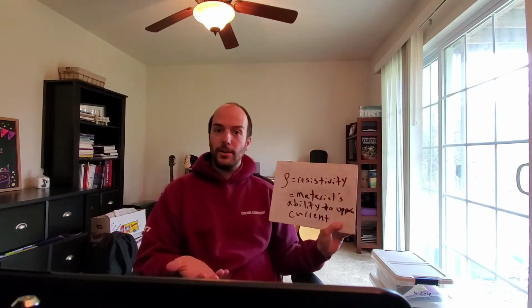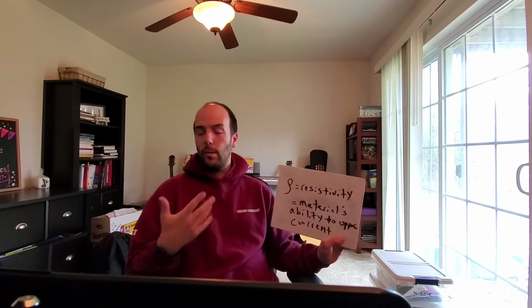So an insulator, like a rubber or a plastic or something like that, will have a very high resistivity, right? It's very difficult for current to flow through it. Whereas a conductor, like silver or copper, will have very low resistivity because it's easier for that current to flow through, right? There's less resistance in a conductor, which is why it's easier for that current to flow through.